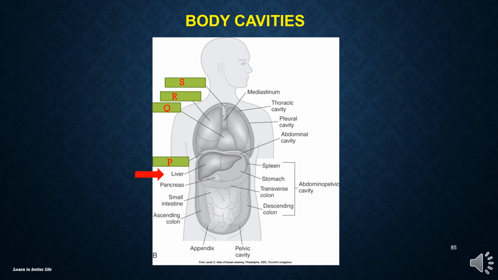O is the liver. P is the diaphragm. Q is the heart. R is the lung. S is the trachea.